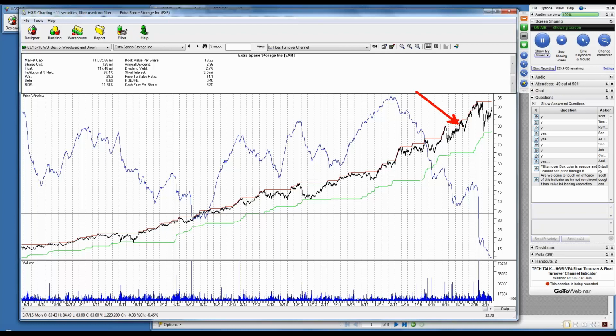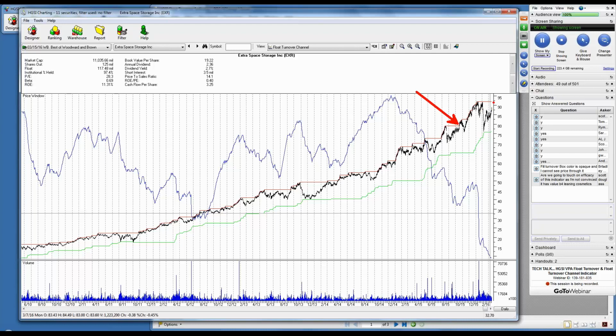No support line is a fixed thing, but every time you see the stock break out above its high channel on the float turnover, there's a certain degree of strength behind that move. In this case, though, when it failed to break out and keep making new higher highs, this becomes a level of resistance.